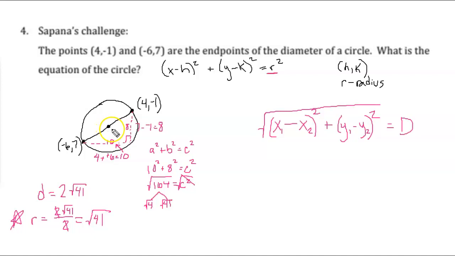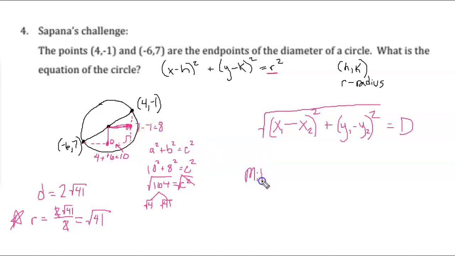And you may recall, again, if we're just looking at right triangles and such, the midpoint is always halfway. So it's going to be halfway between the y values, and halfway between the x values. If you're doing halfway on a number line, the middle number is always the average.